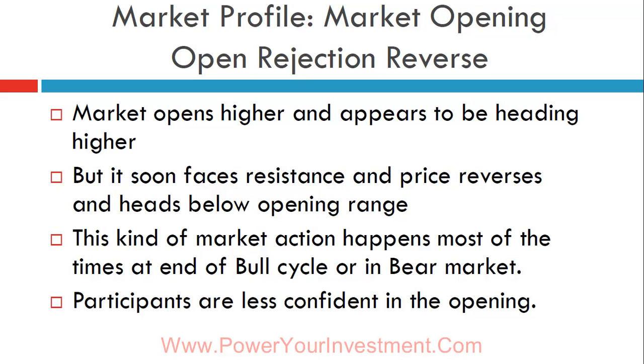So usually these openings lead to the formation of neutral days, where the initial balance is broken on the upside first or the downside first, and then suddenly the market reverses and goes back in a different direction. So see, a lot of volatility out there. So these kinds of profile openings are in bear markets.